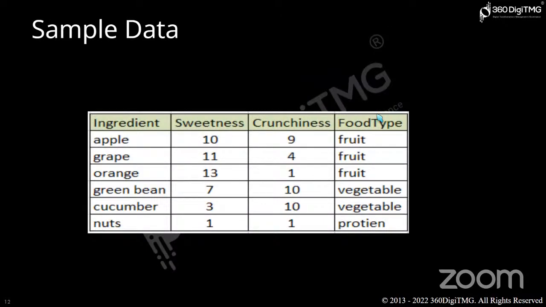Okay, now let us take a sample data here.